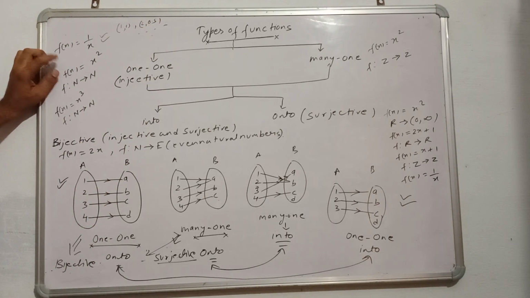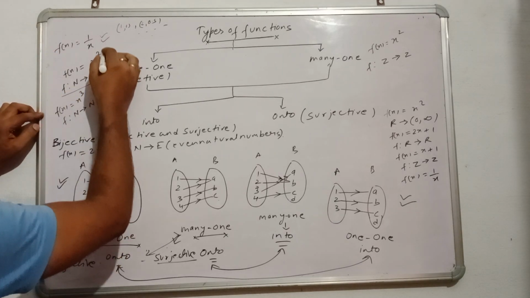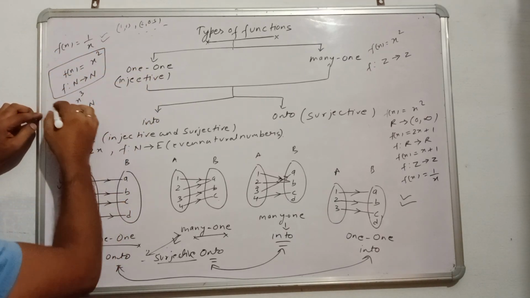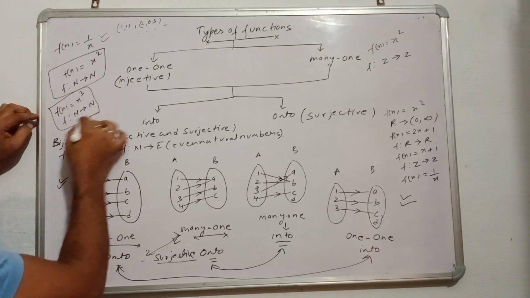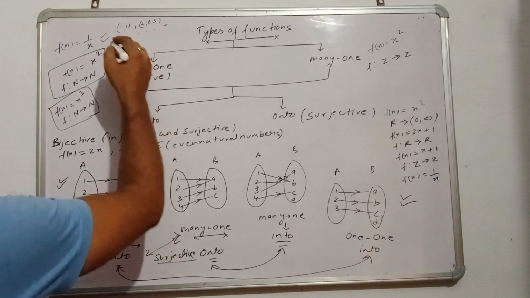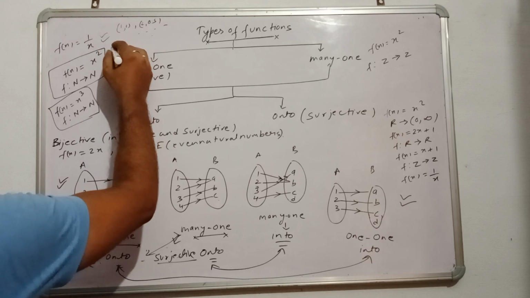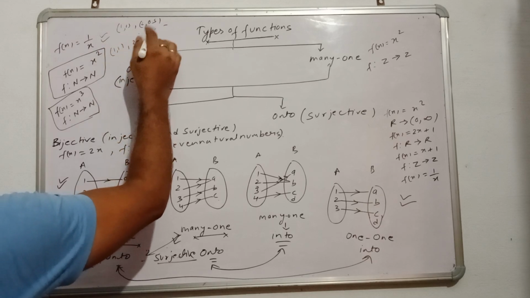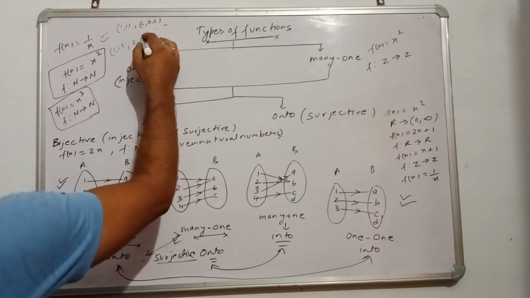Now see f(x) = x square, and here the condition is also written: f from N to N, meaning here we have to take only natural numbers. If you put 1, you will get 1. If you put 2, you will get 4.